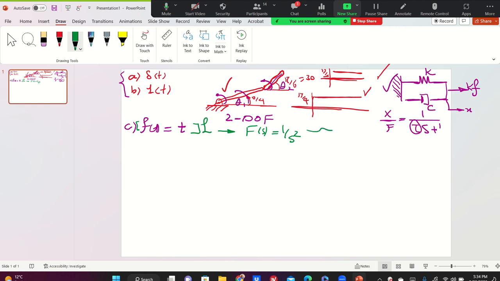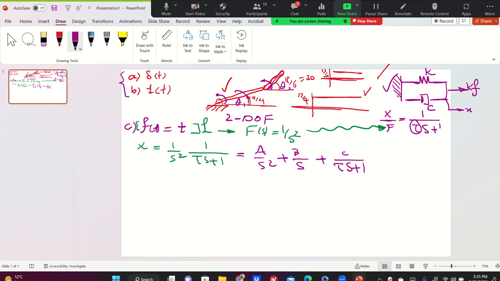So implementing this here, X is going to be 1 over s squared times 1 over tau s plus 1, obviously in the frequency domain. So you can decompose this as A over s squared plus B over s plus C over tau s plus 1, because it has two poles at the origin.